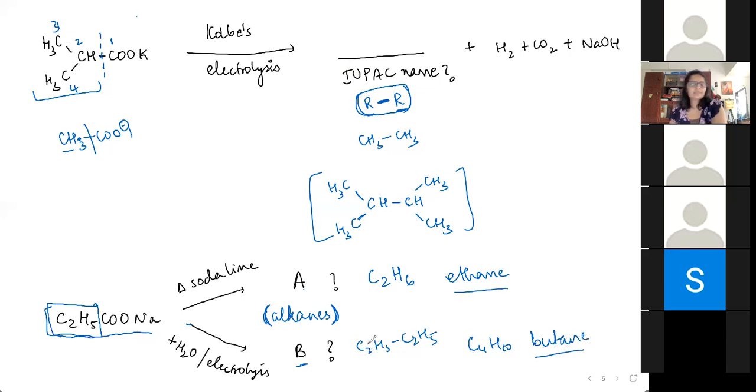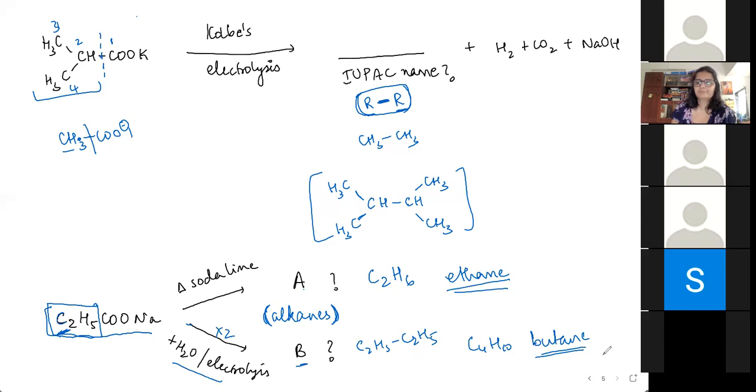Okay. Simple. So just get the crux of the logic. यहाँ पे soda lime मतलब the number of carbon atoms does not change. So 2 carbon atoms के साथ alkane is ethane. Electrolysis मतलब this becomes into 2. So अगर 2 है तो 4 हो जाएगा. So what is the alkane with 4 carbon atoms? It is butane.